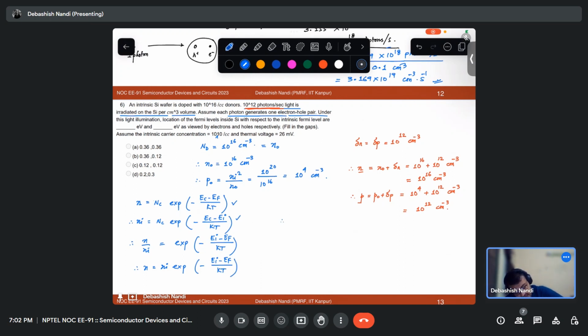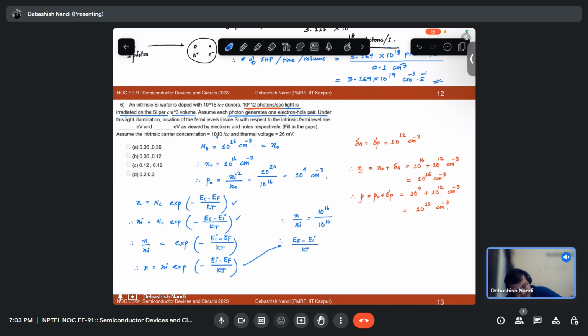So N you know, N over Ni you know. N was 10 to the power 16, and Ni was 10 to the power 10. Let me do it step by step. From this expression, EF minus EI over KT is equal to ln N over Ni.